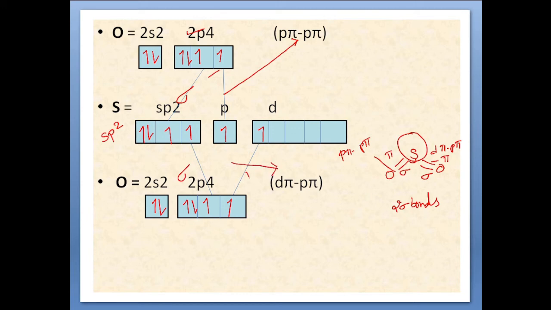See, this is a pi bond and this is a pi bond. See here, the pi bond is formed by the d orbital electrons and the p orbital electrons of the oxygen atom. So it's called a d pi p pi bond.